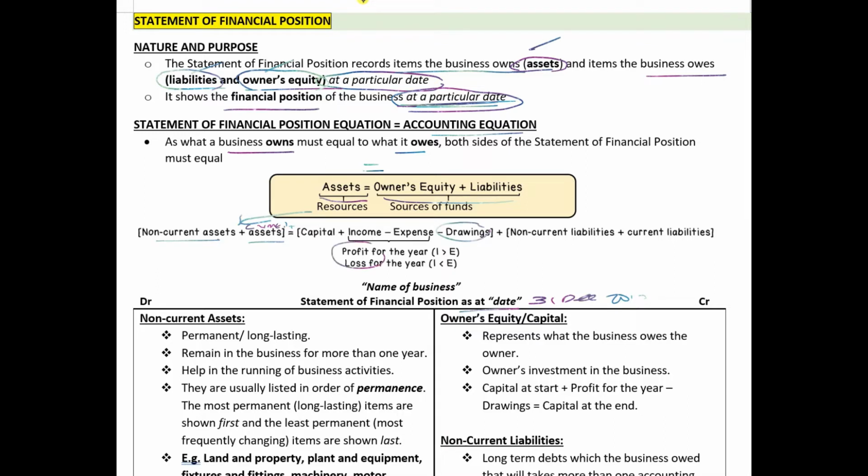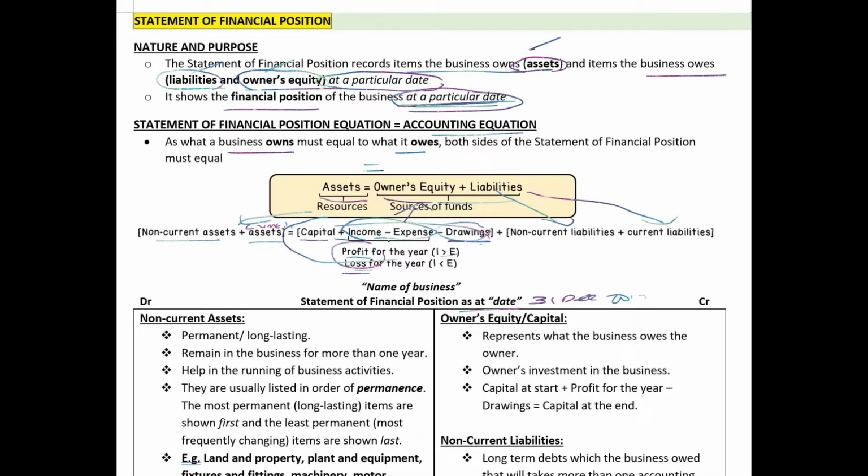So what makes up the owner equity is capital plus the income minus expenses, which is the profit or loss from the income statement, minus the drawings, because the drawings will reduce the capital, okay? So this portion will make up the owner equity. And liability is made up of non-current liability and current liability, okay?